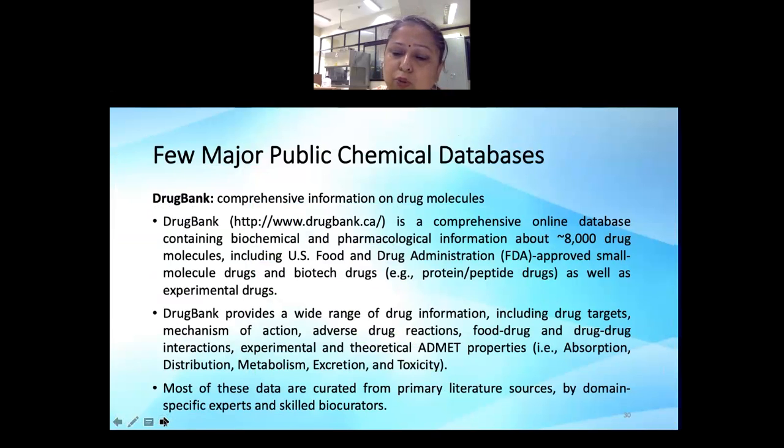So then we come to DrugBank. It is also a major public chemical database. It has comprehensive information on drug molecules. Currently we are involved with computer-aided drug design.